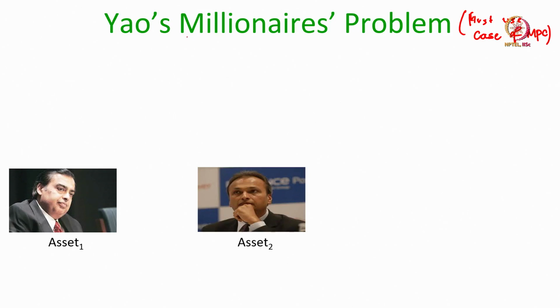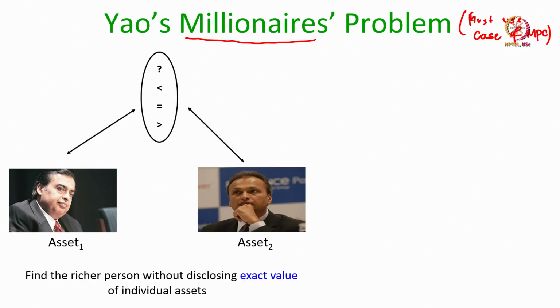He called this problem the Millionaires problem. So, imagine we have two millionaires who are not in talking terms with each other, but still they are interested to find out who is richer among them without disclosing the exact value of the asset.